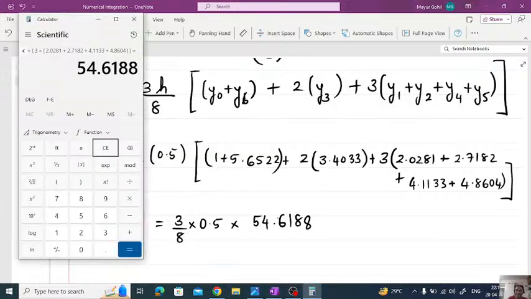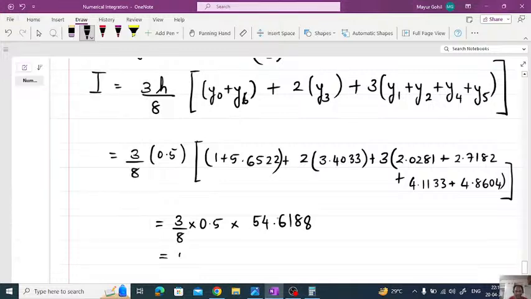So that multiplied by 3, multiplied by 0.5, divided by 8. 10.241025. Yeah, I got this answer: 10.241025.